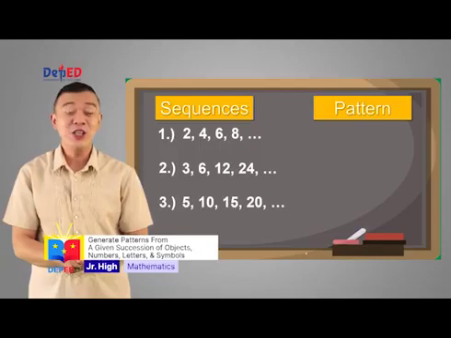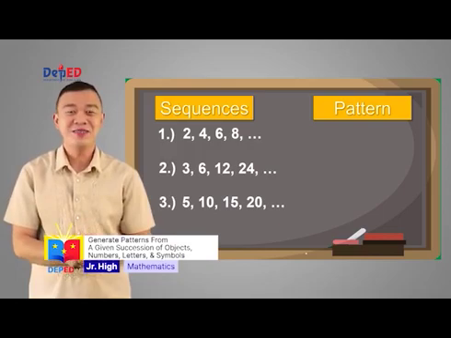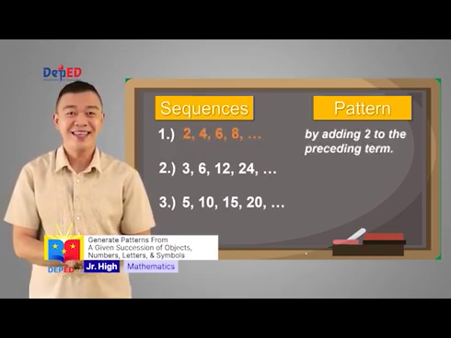Let's start with sequence number 1: 2, 4, 6, 8, and so on. What is the pattern you observed? By adding 2 to the preceding term. The second sequence: 3, 6, 12, 24, and so on.